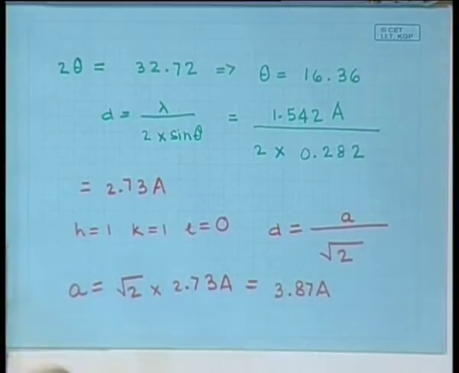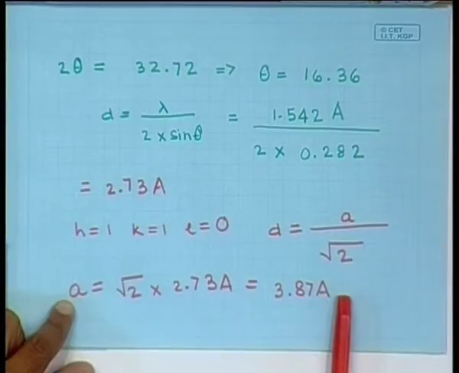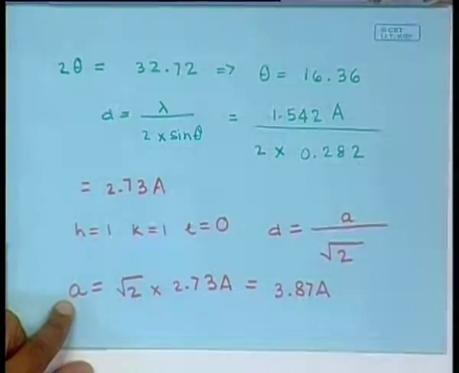So, we see that we can use the next line, at the higher value of theta, to also determine the unit cell, and we get essentially the same answer as we had earlier.